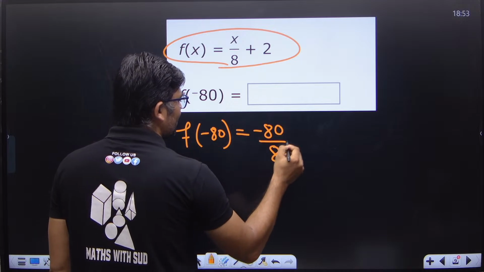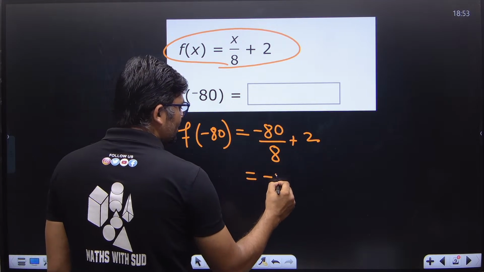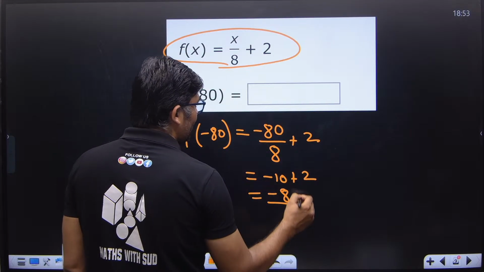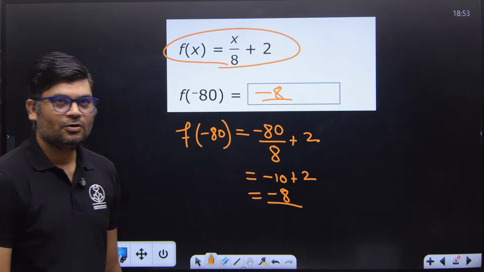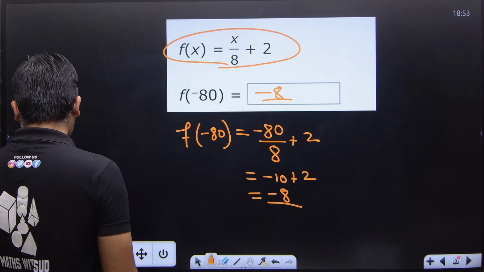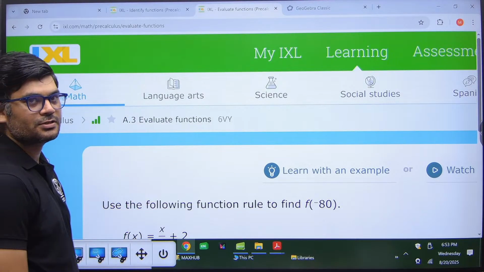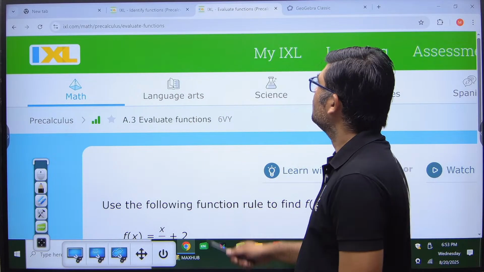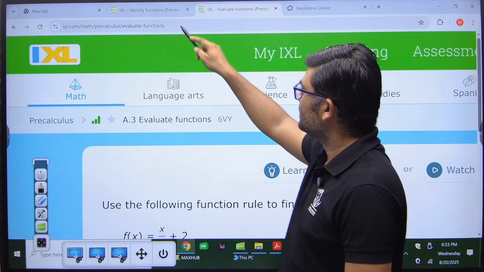So minus 80 by 8 plus 2. What is minus 80 by 8? It is minus 10. So minus 10 plus 2 is how much? Minus 8. So you have to fill minus 8 here. Exit A2 and go to A3. Evaluate functions. These are very simple operations.